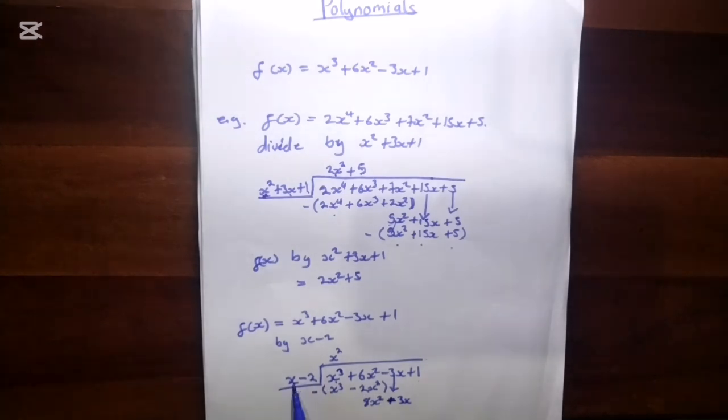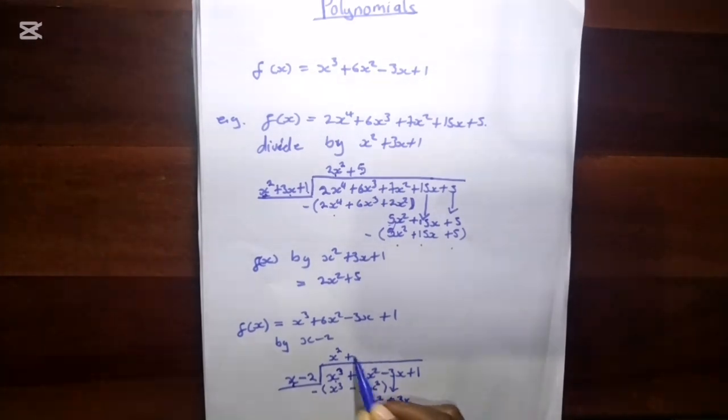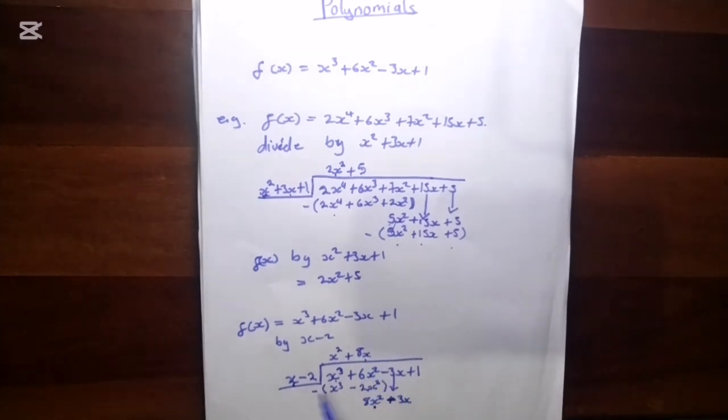Then we divide again, x into 8x squared, we get a positive 8x. 8x times x, we get 8x squared. Then 8x times negative 2, we get negative 16x.